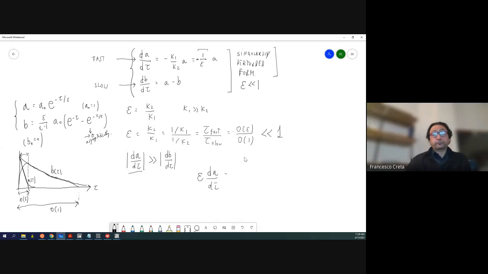Sorry, epsilon dA by d tau equals minus A, and dB by d tau equals A minus B. So this is our singularly perturbed form. I just placed epsilon here on the other side.